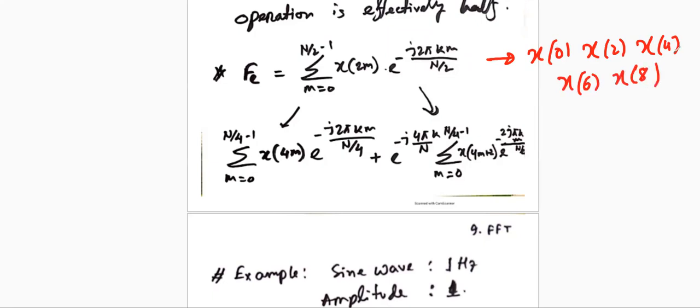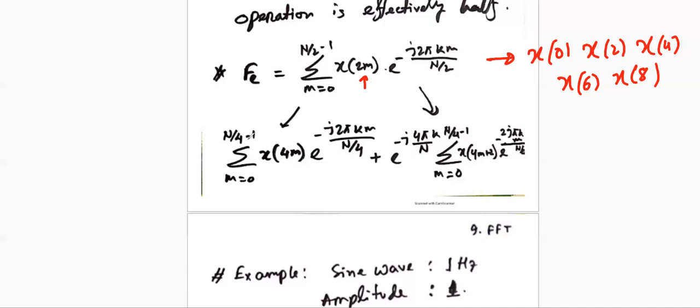Let's say we have 4 samples. Now we need to divide these into two sections as well. How can we do that? We already put the dummy constant m, so x of 4m, where m is from 0 to n by 4 minus 1.